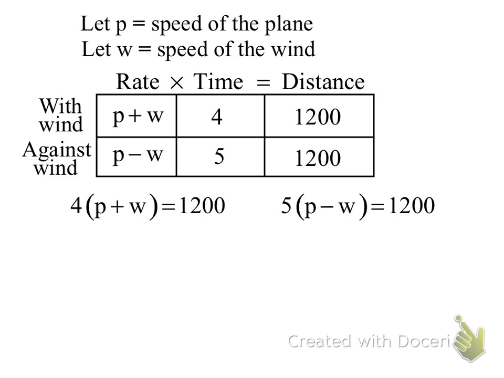I could do two different things. I could distribute, and then both equations would be in standard form. But I can do something a little bit easier. What happens if I get rid of that 4?